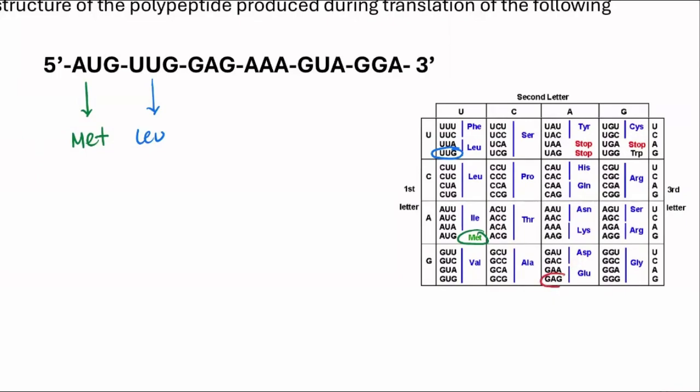We see that that is the amino acid GLU, which is glutamic acid. Let's move on to the next one, which is AAA. First letter A, second letter A. AAA represents lysine.